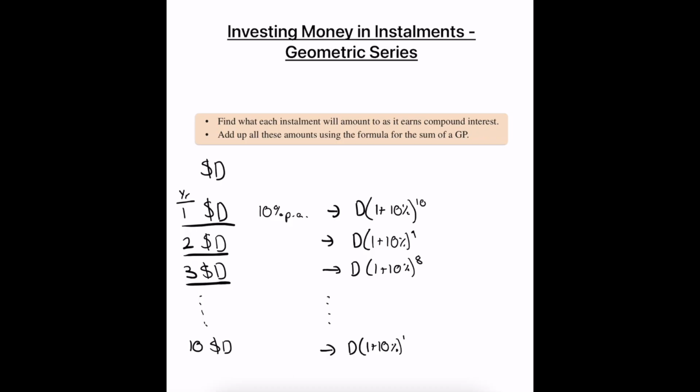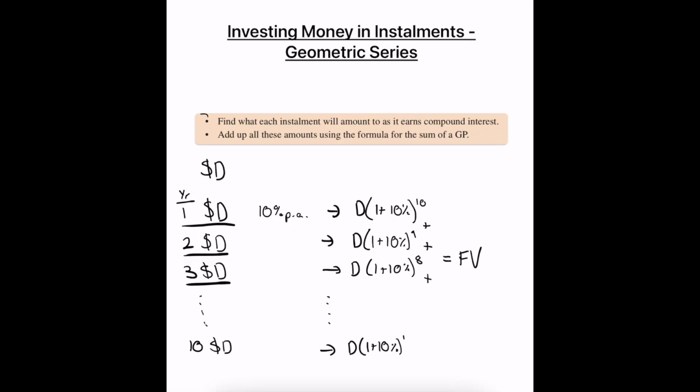And essentially, when we add all of these terms together, what we'll get is our final value, or at least the value that will be showing in our bank account at the end of these 10 years after all of the deposits that we've made have accumulated interest. So this is essentially the building block of what the questions are going to be based around.